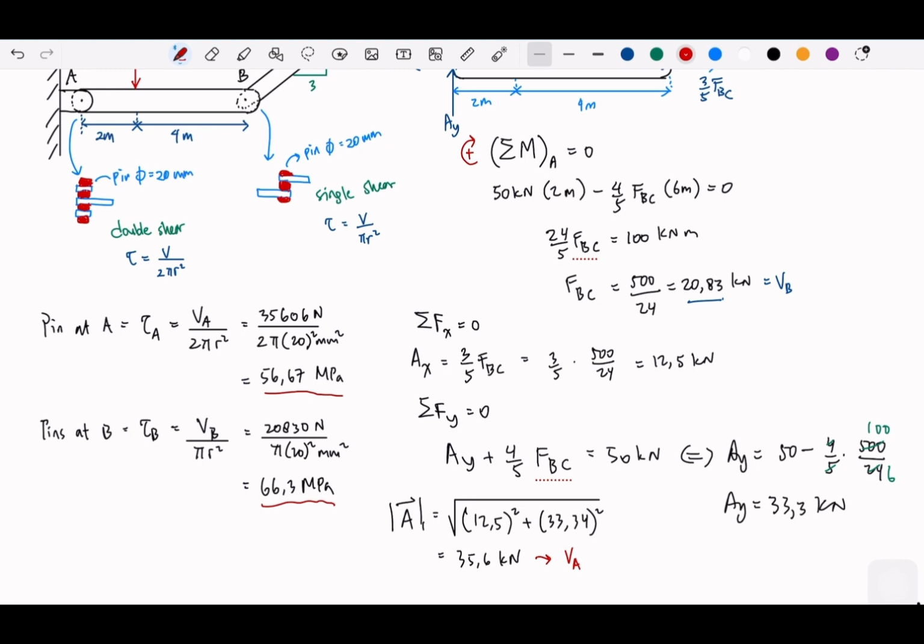For example, at A, we get the VA from AX and AY, and we take the magnitude of both of them using vectors. Then the external force that we have on B, we can just use the FBC.